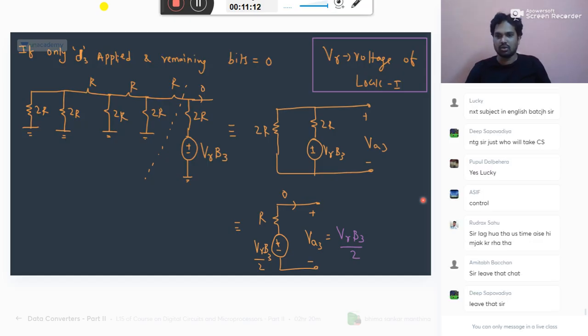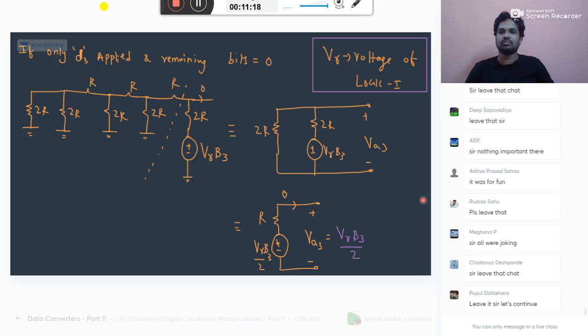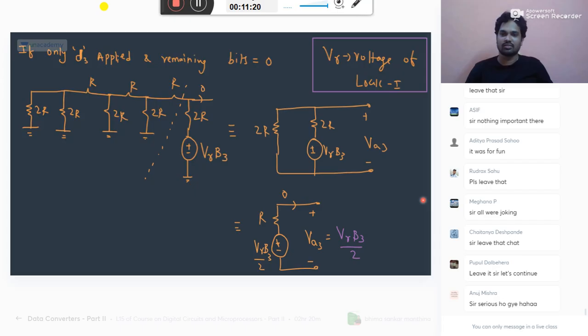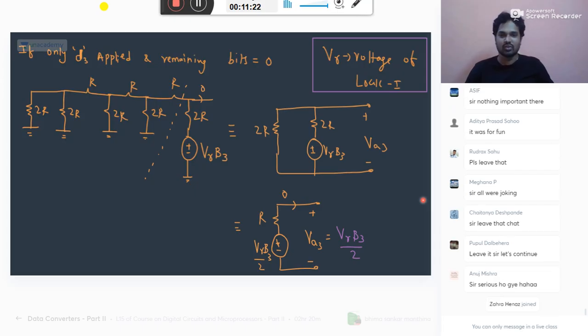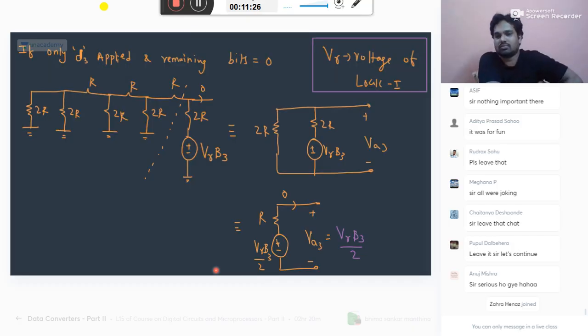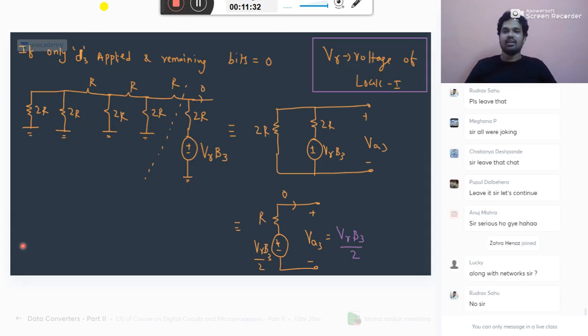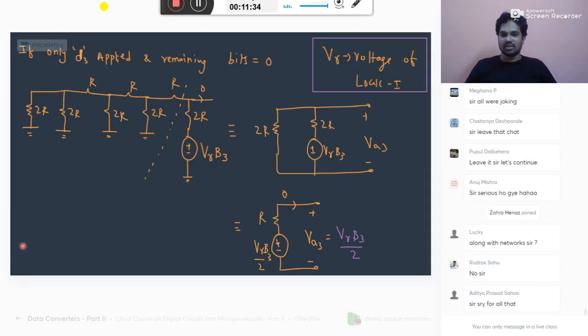Okay. No, I don't teach controls. Controls is taught by our Ajay sir. Okay, okay. I think Rudraksh is having some doubt in previous slide. Any doubt, please ask. I take only networks and digital.